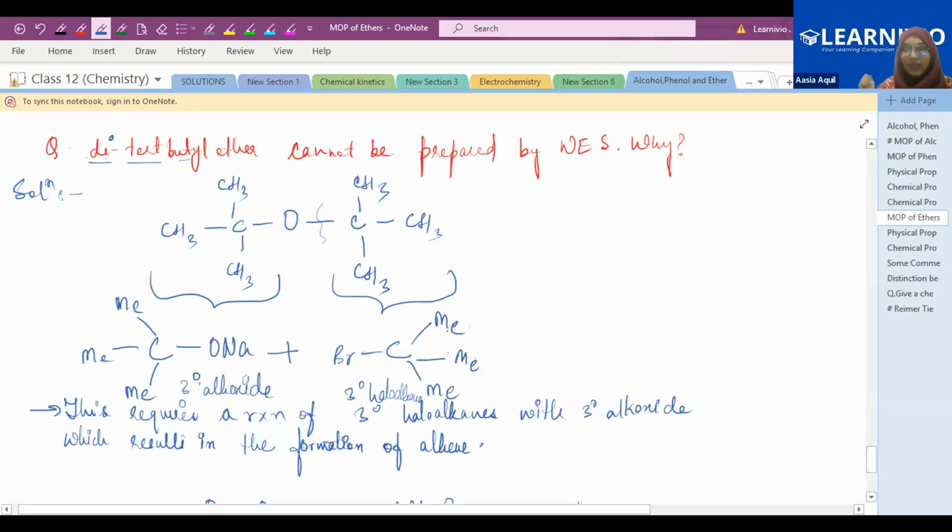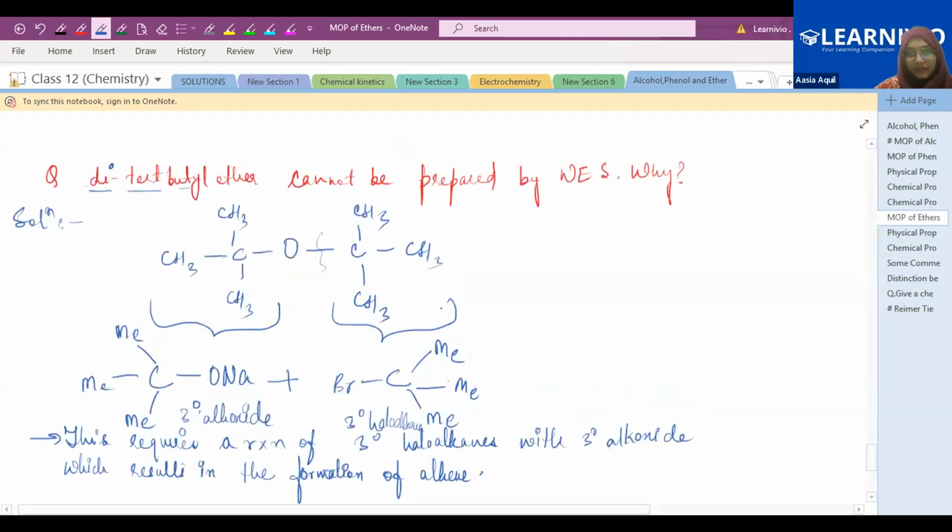Bulky group present नहीं होता, and in the tertiary and secondary ones there are more bulky groups, these methyl groups, which hinder the reaction, and due to that the substitution reaction doesn't occur. Instead of substitution, elimination occurs. Elimination reaction हो जाता है. So we don't prefer tertiary and secondary haloalkanes. We only prefer primary ones, because we have already discussed that.